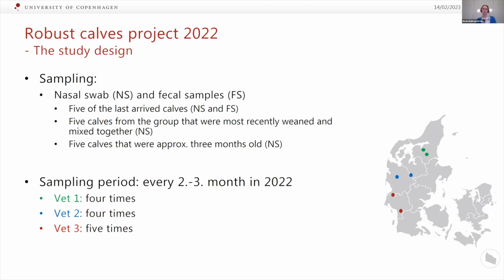And the samples were collected every 2nd to 3rd month by 3 veterinarians from 3 different companies. And each of these veterinarians selected 2 of their slaughter herds. And 2 of the veterinarians collected samples 4 times, while the 3rd veterinarian collected samples 3 times.